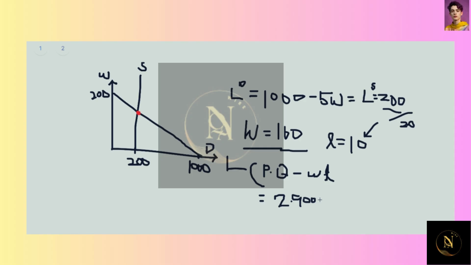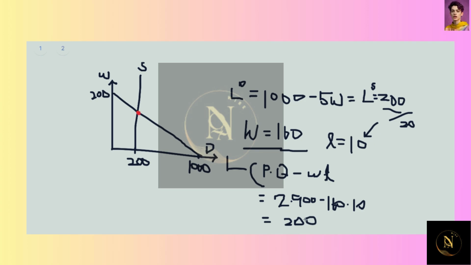And what is the wage? The wage is 160 here. And how many labor do we hire? 10. So we can see that the profit is 1,800 minus 1,600. So the profit of the firm is $200.